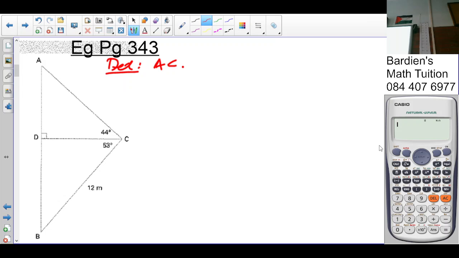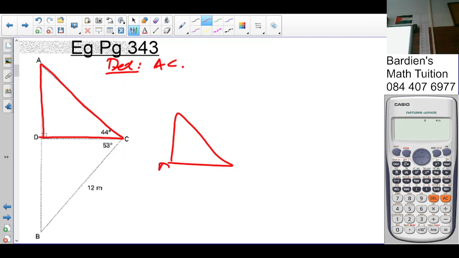Now, if you're looking at AC, AC lies in triangle ACD. If you look at triangle ACD, what do we have? We only have the angle. So at least you need another side to calculate AC.